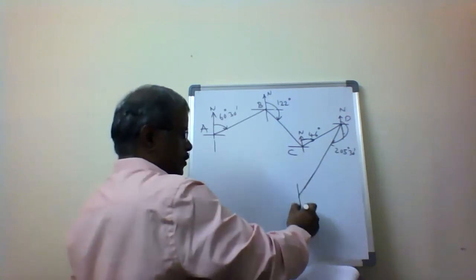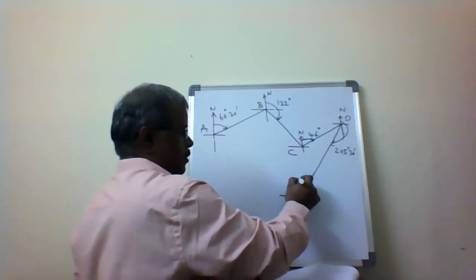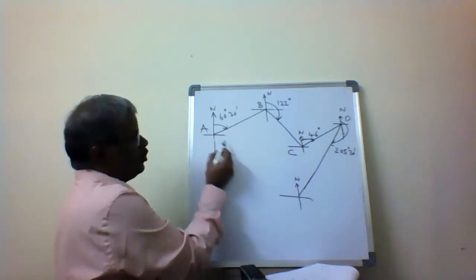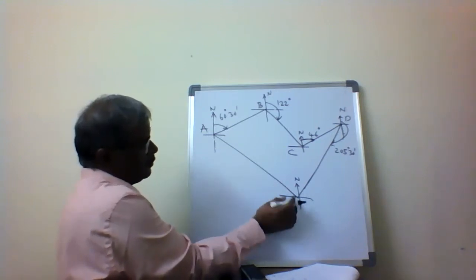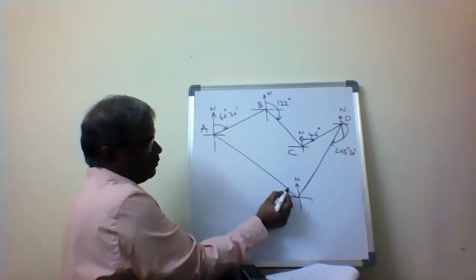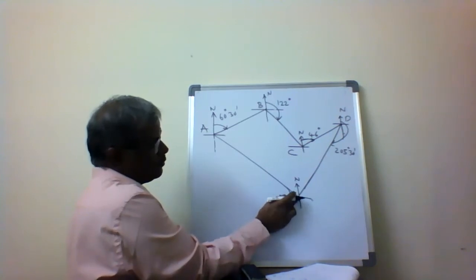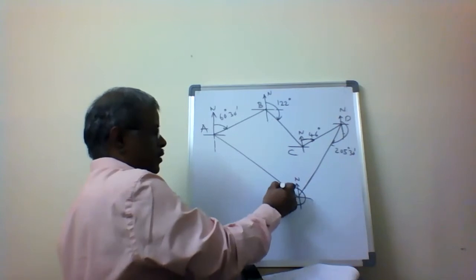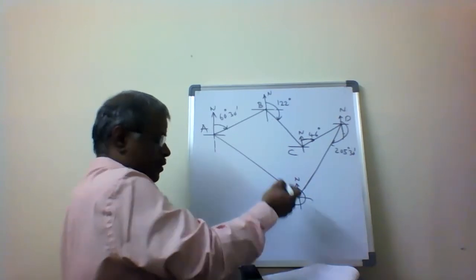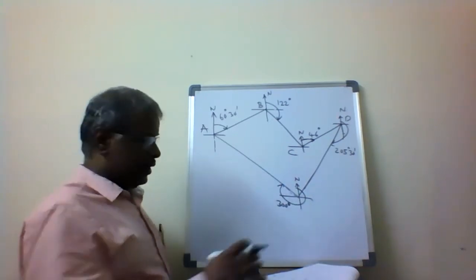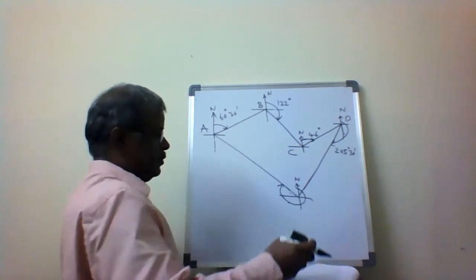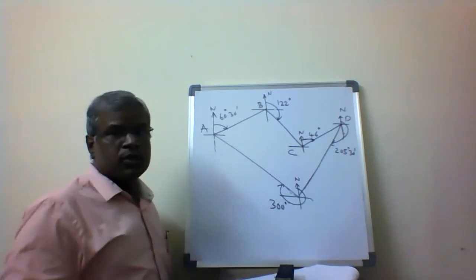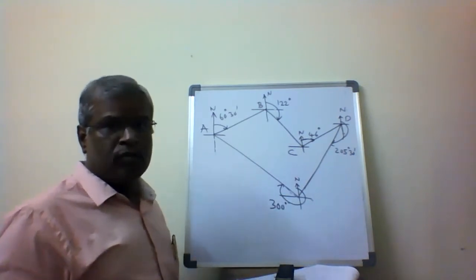E to A is 300 degrees, in the fourth quadrant. So these are the given forward bearings.